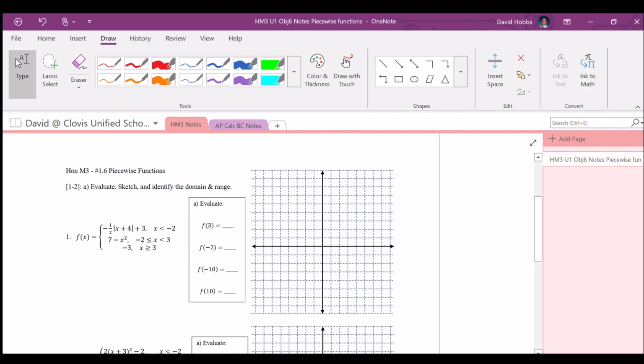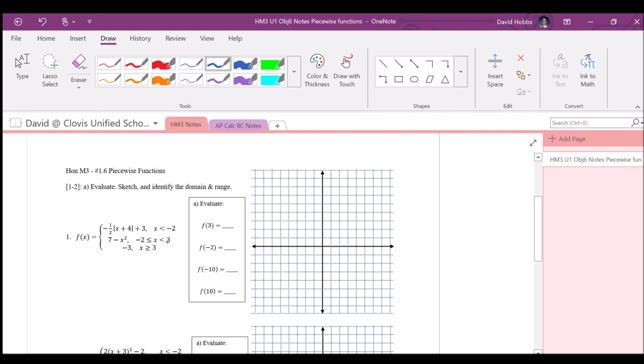Okay. Now, before we actually graph, let's just evaluate, because we need to be able to evaluate piecewise functions as well. Okay, so if I want to do f of 3, well, how do I know where to plug it in? Well, is 3 less than negative 2? No, so it's not the top rule. Is 3 between negative 2 and 3?